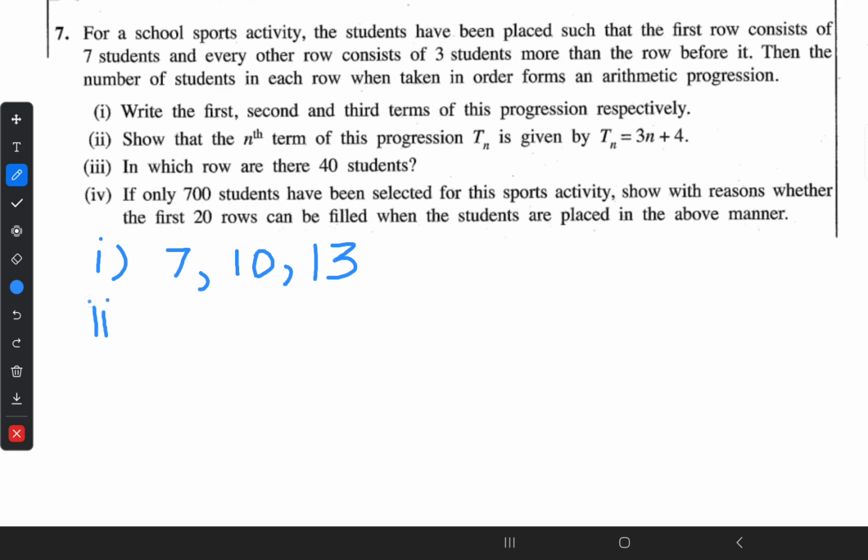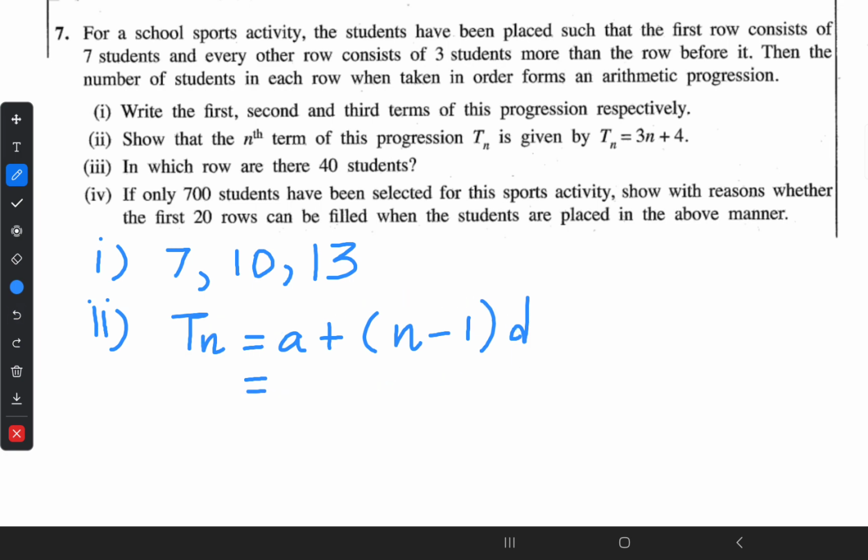Then the second one: show that the nth term of this progression, Tn, equals 3n plus 4. To show Tn, we know the formula a plus n minus 1 into d, and we substitute. Since it is the nth term, we can keep n as it is.